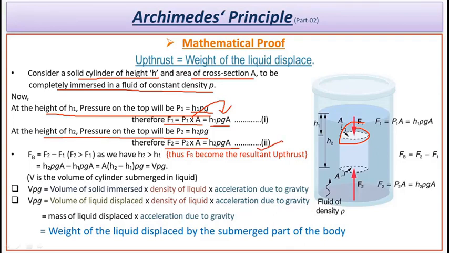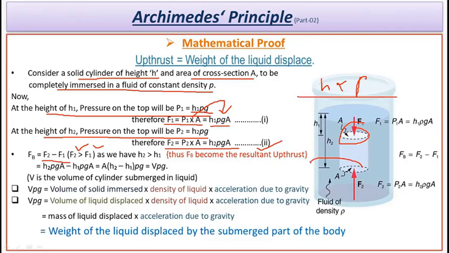After taking these two equations, we can calculate the buoyant force, which will be the difference between F2 and F1. Here F2 is greater than F1 because, as we know, the height is directly proportional to the pressure exerted by any liquid.